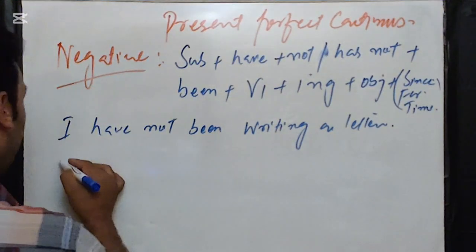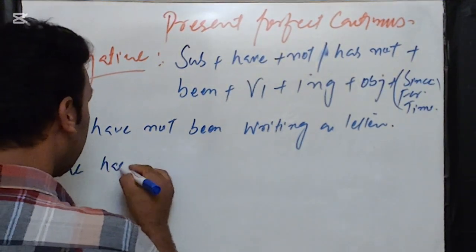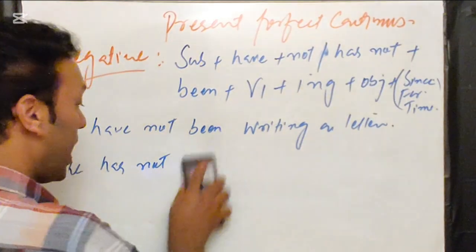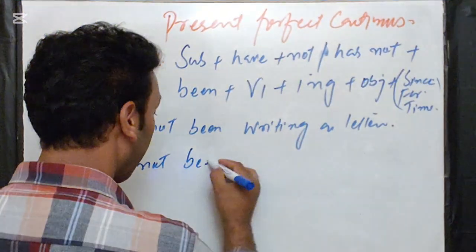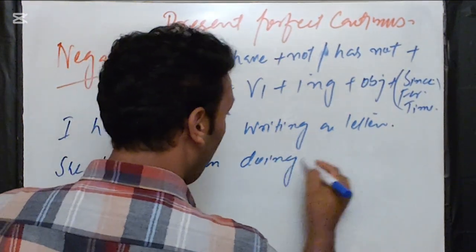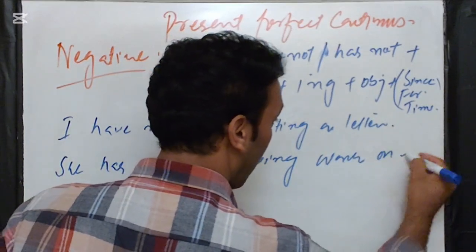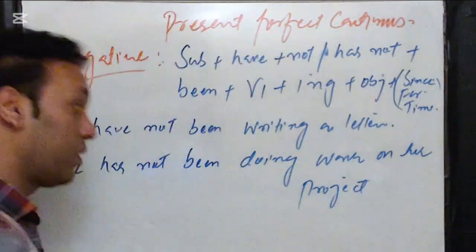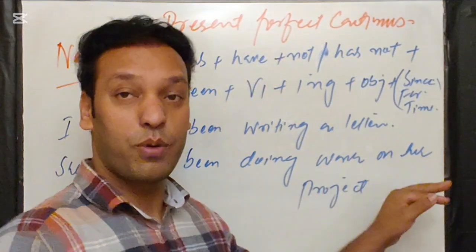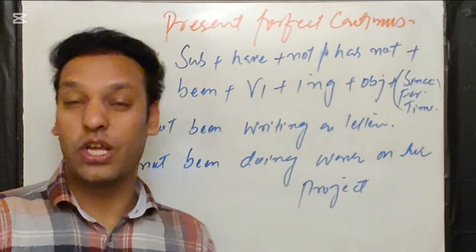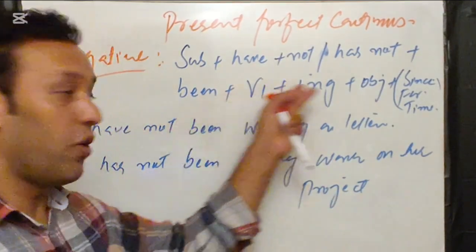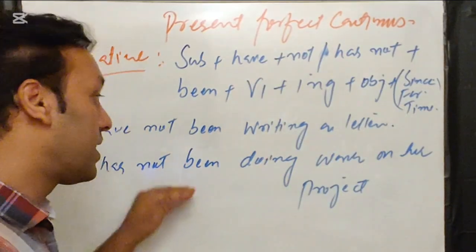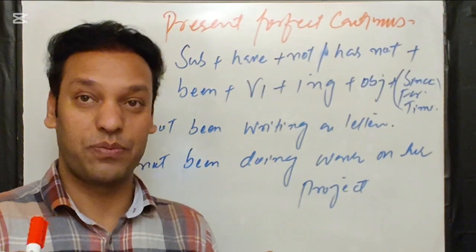Okay, so she has not been doing work on her project. She has not been doing work on her project. This is also fantastic. If you understand the structure first, you will make a sentence and you will understand things exactly.